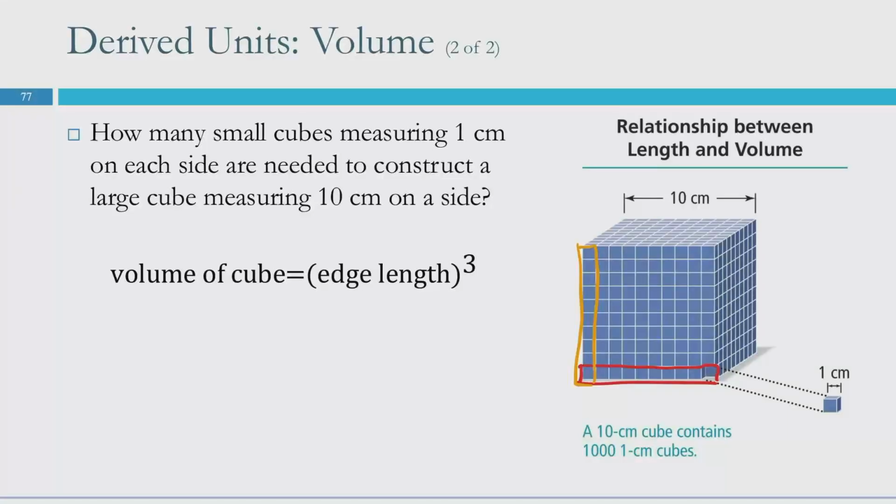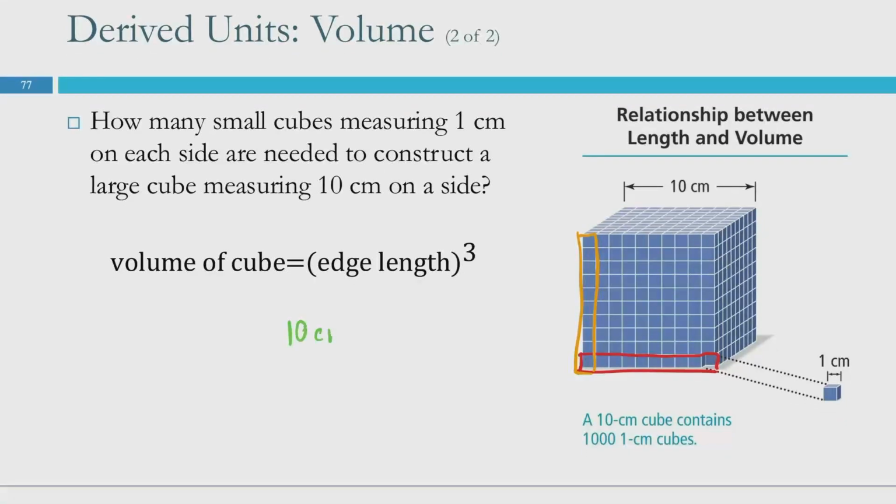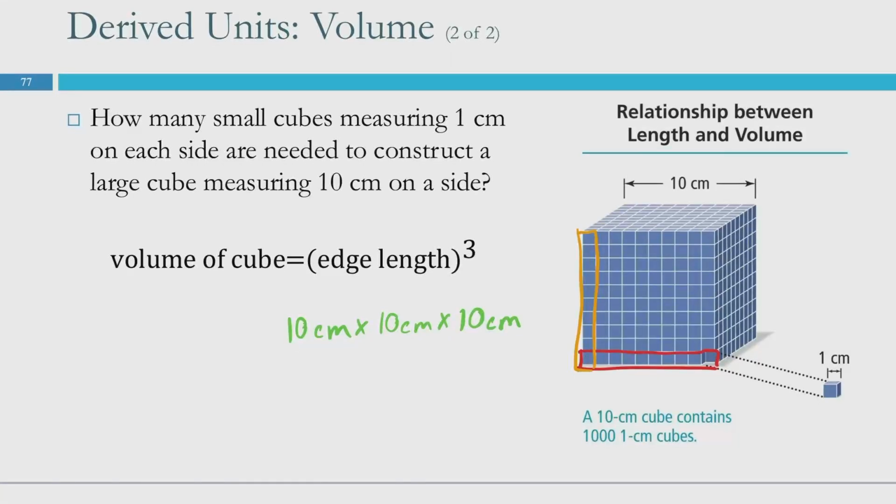So we'd have 1,000 of these little cubes. We'd have 10 centimeters times 10 centimeters times 10 centimeters, or 10 cubes times 10 cubes times 10 cubes. We would end up with 1,000 centimeters cubed, or 1,000 cubes.